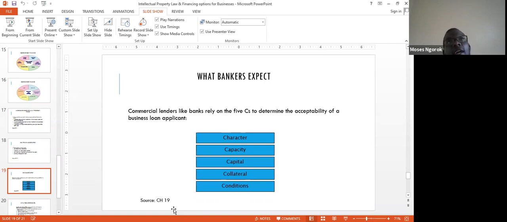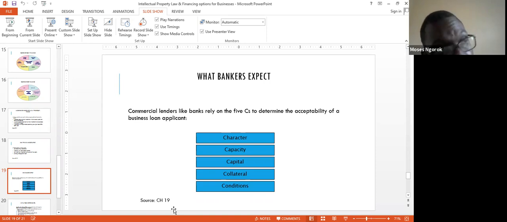Debentures are where the assets of the company are charged, like the cars, the furniture, the computers, used as security for the loan. And it could be intangible assets like intellectual property. Intellectual property can also be used as security. So the bank will assess whether you have assets, both current assets and non-current assets.